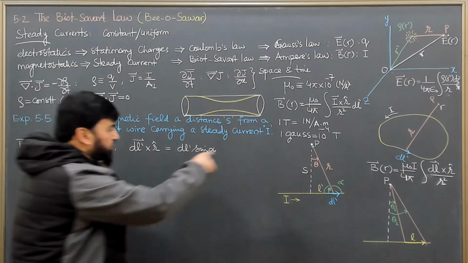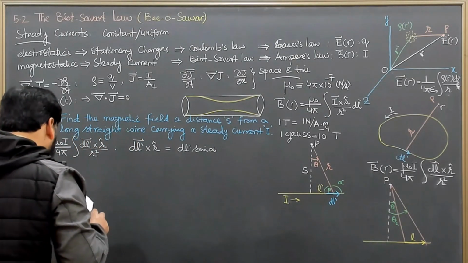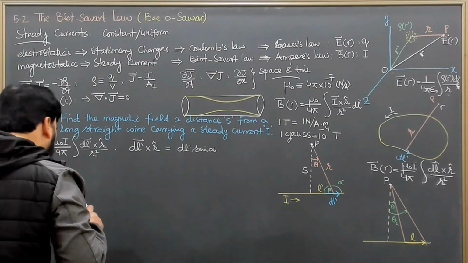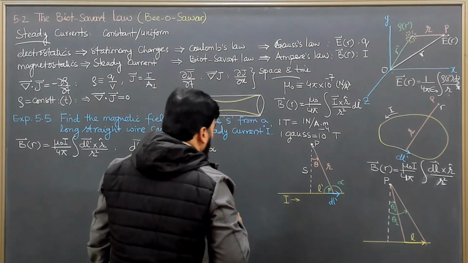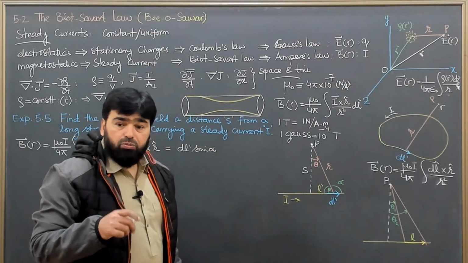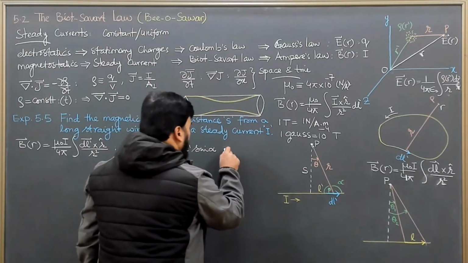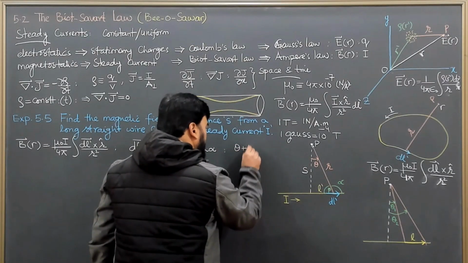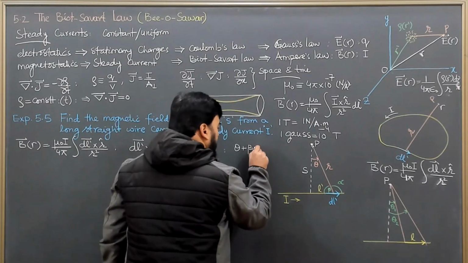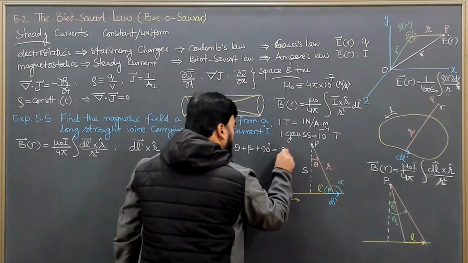Because theta is measured from that axis here. So definitely I can write this, because I know that the sum of the angles of a triangle is 180. So here, theta plus beta plus 90 is equal to 180.